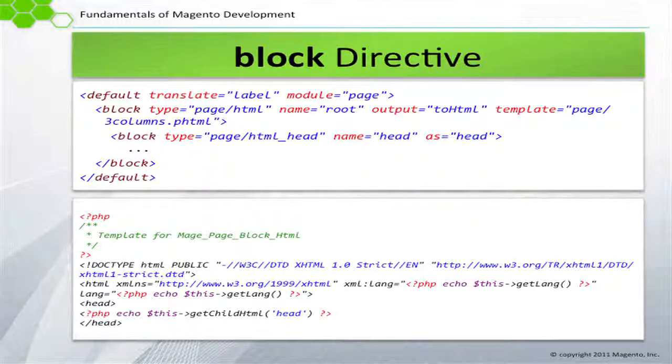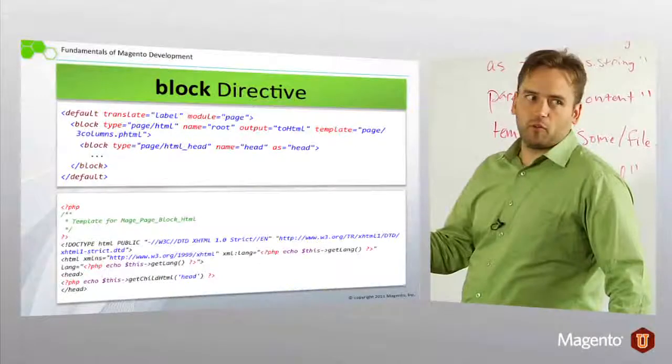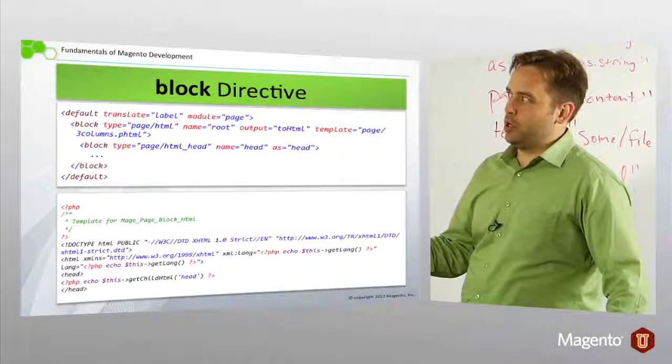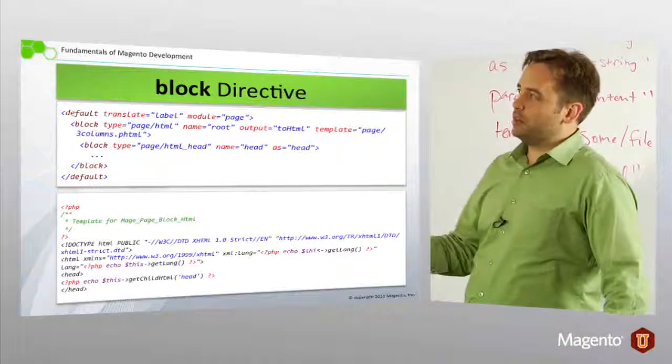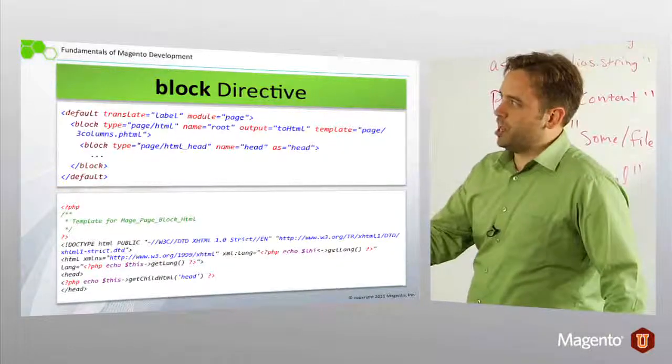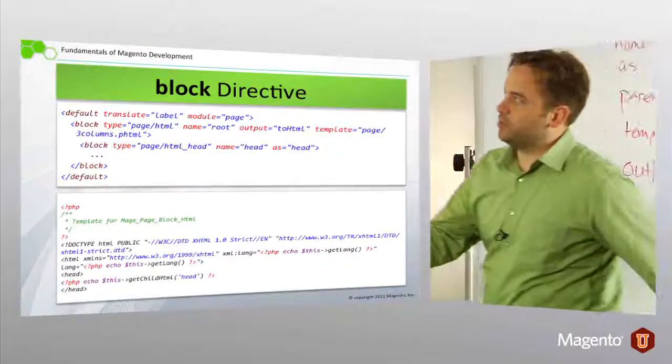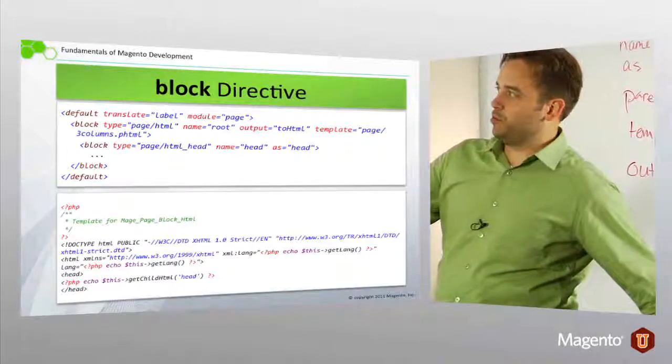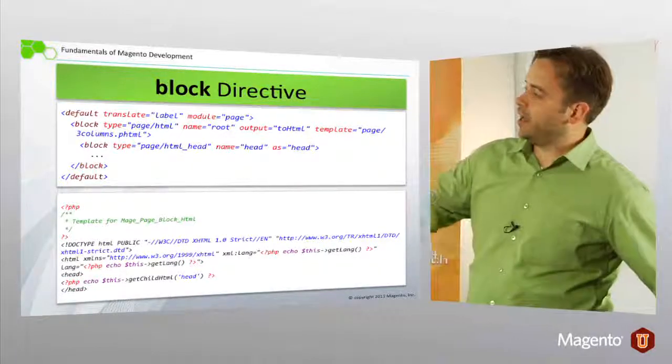Block being declared in there. Root. It's got the output. That's why you never have to specify it, because you only ever want one output node, one output block. And inside here, this head block has been made a child of the root block just by virtue of it being declared inside of that. Okay?